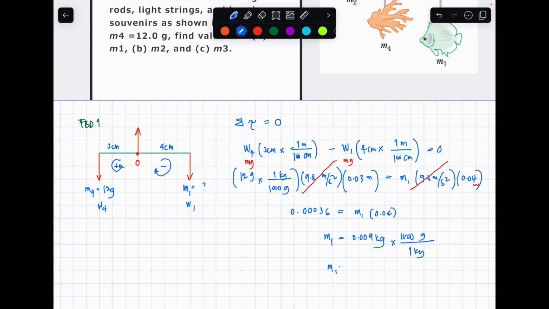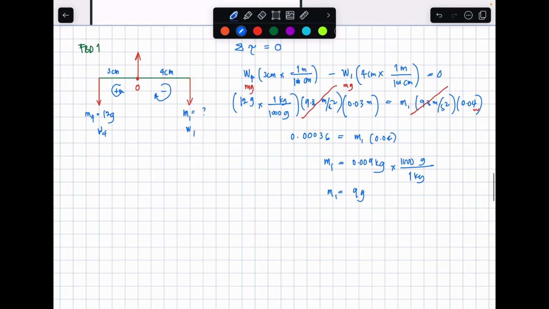So the mass then will be 0.009 times 1,000, so we have 9 grams. So our mass number 1 is 9 grams.